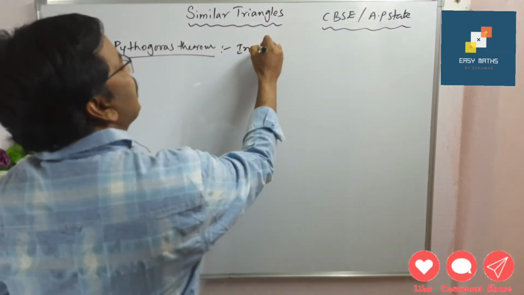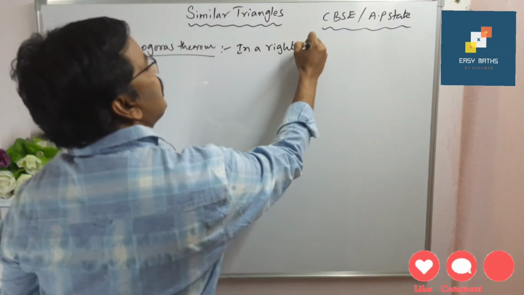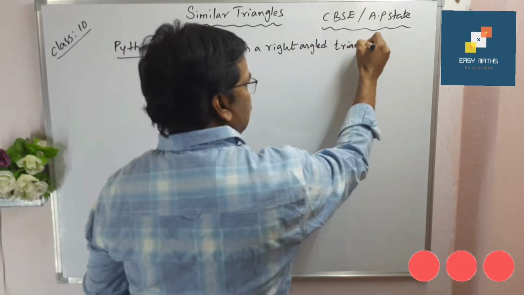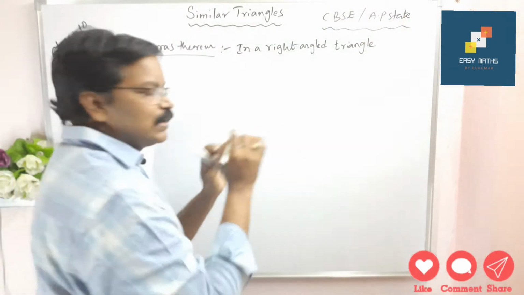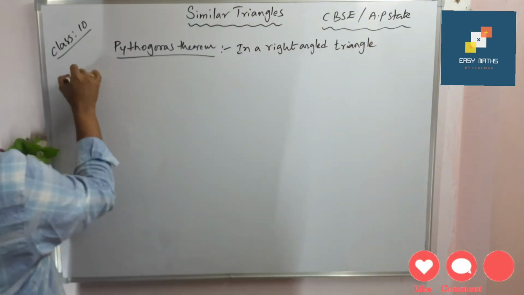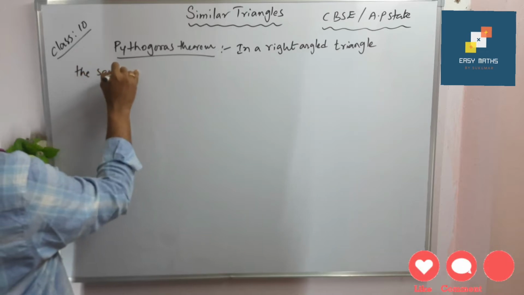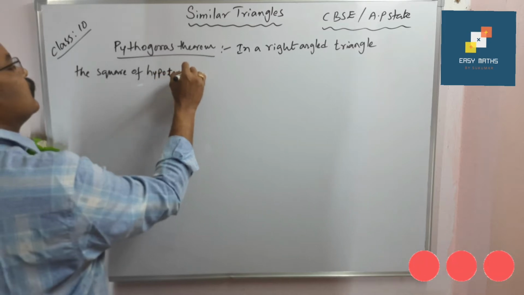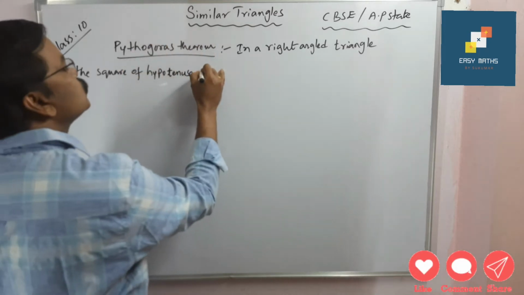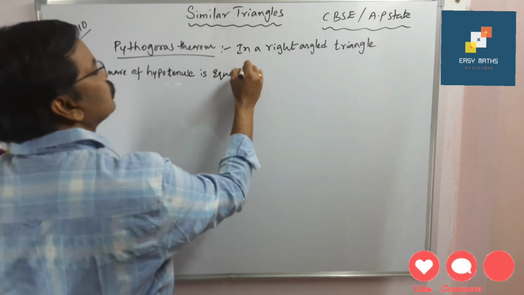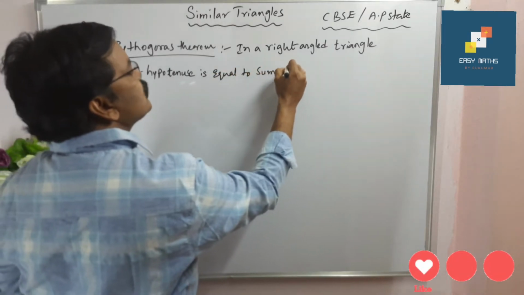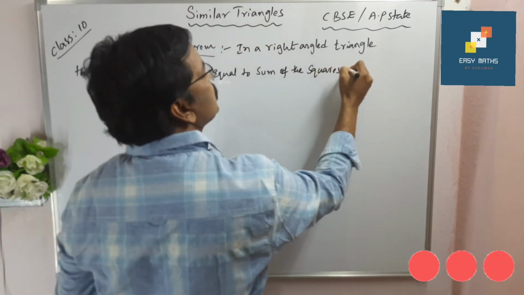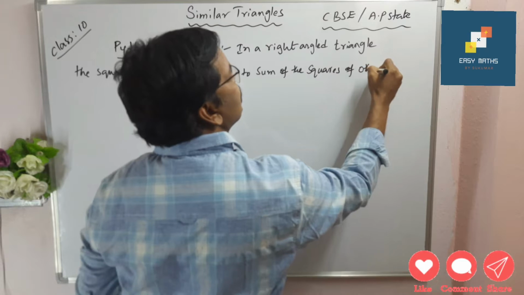In a right angled triangle, only in a right angled triangle, the square of hypotenuse is equal to the sum of the squares of the other two sides.